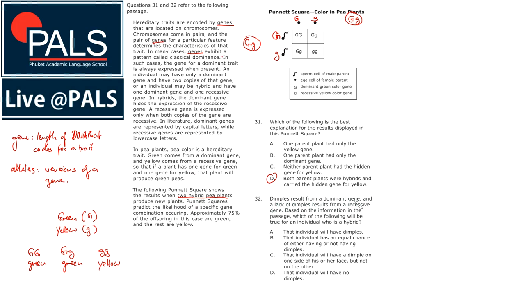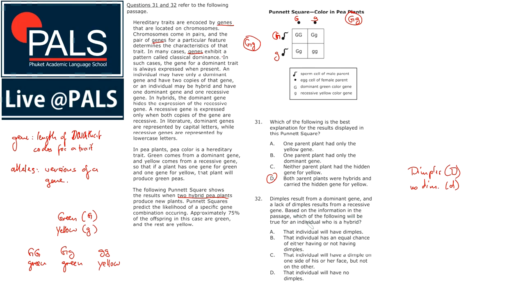Dimples result from a dominant gene, and a lack of dimples results from a recessive gene. So dimples, dominant; no dimples, recessive.